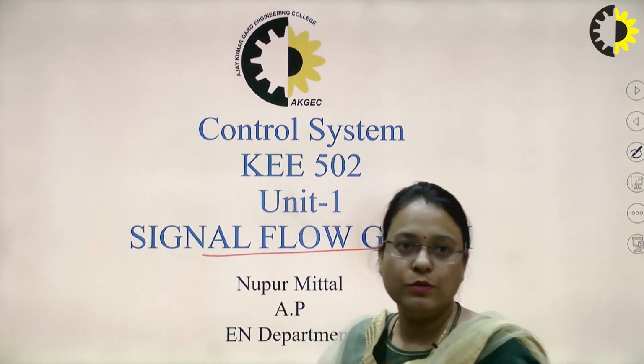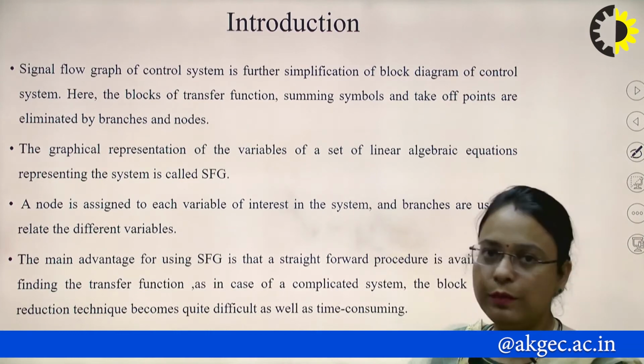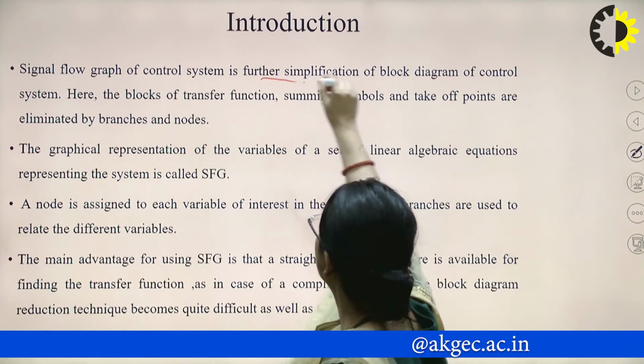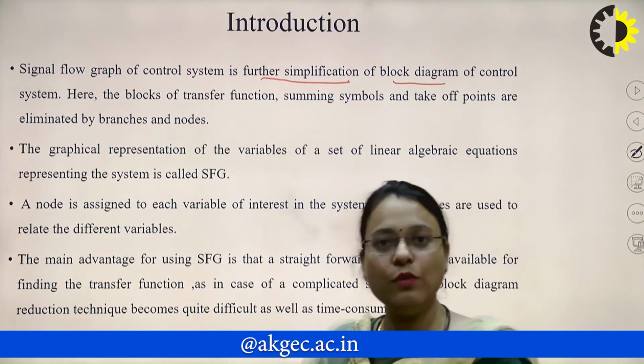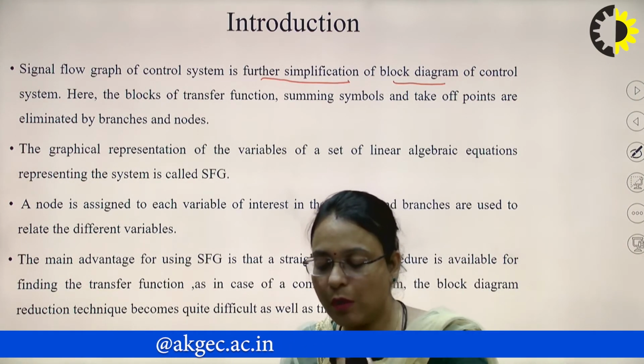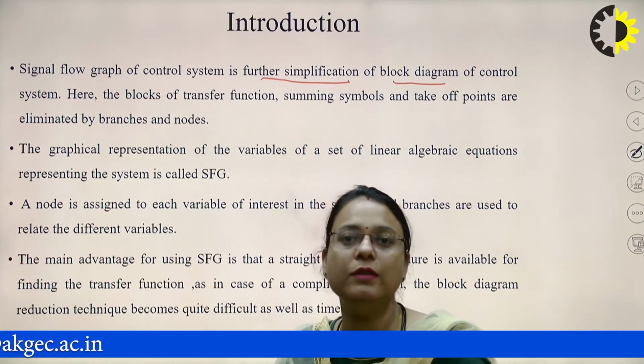Now, as I have already told you, SFG is a further simplification of the block diagram. In the block diagram we used the blocks, the summing point and the takeoff point.